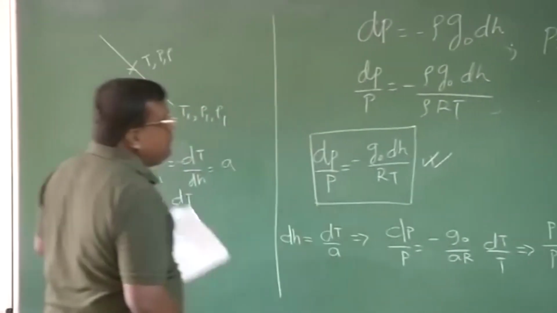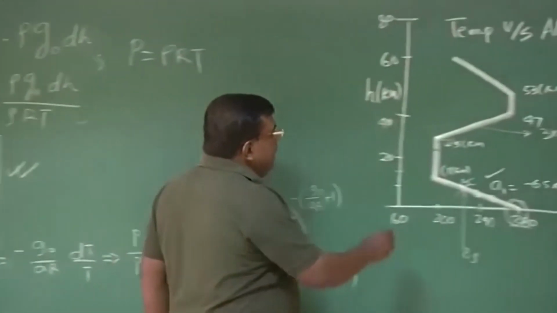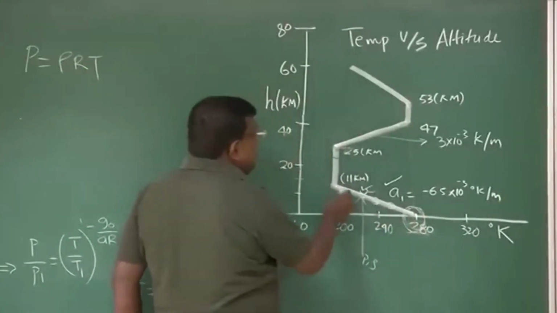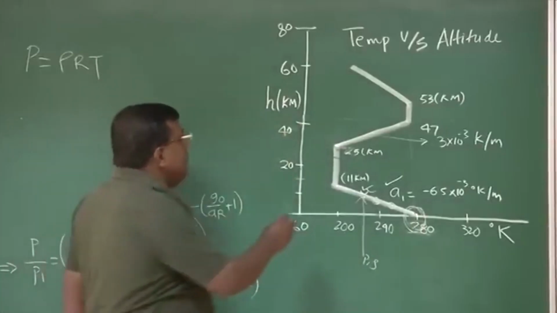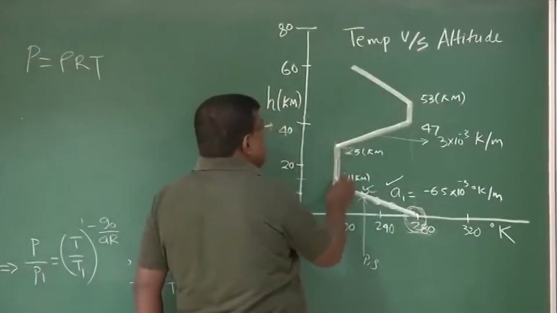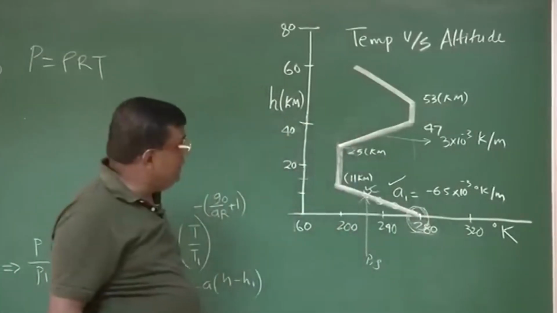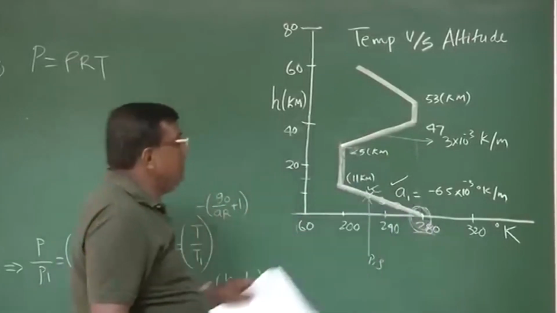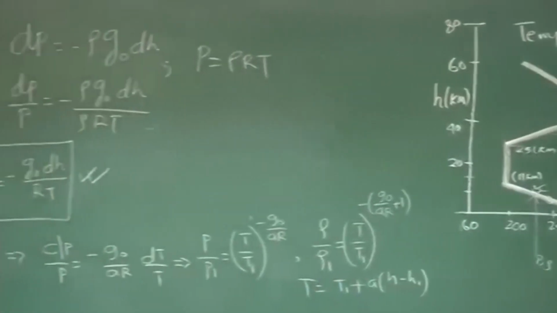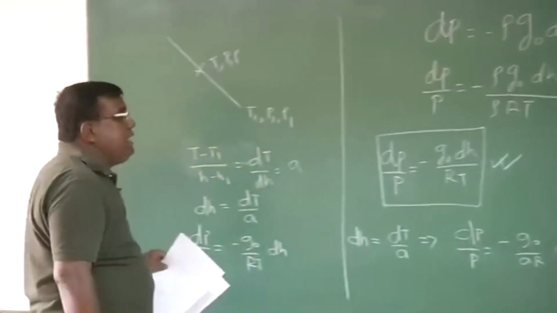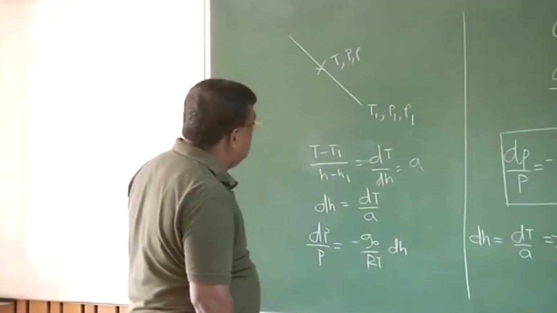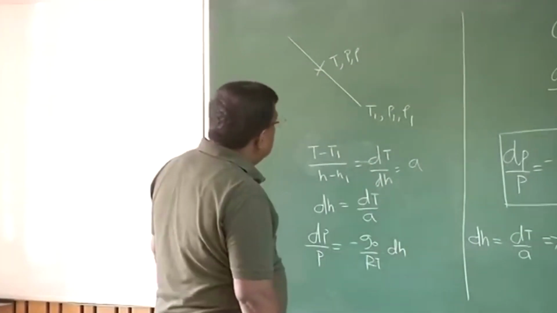Now we are taking the first case, where this is the gradient region, that is, the temperature is not constant. For example, here we are saying this is an isotherm, that is, temperature is constant, but here temperature is changing. So we will see how to find pressure, temperature and density for the gradient region, right?